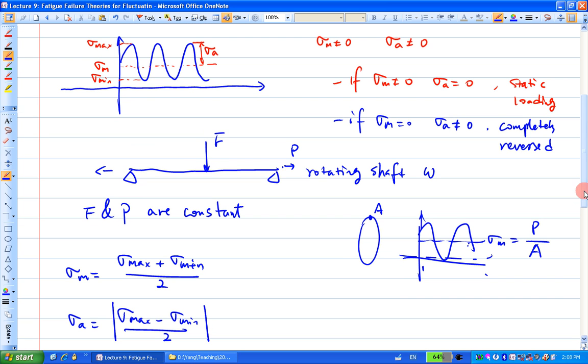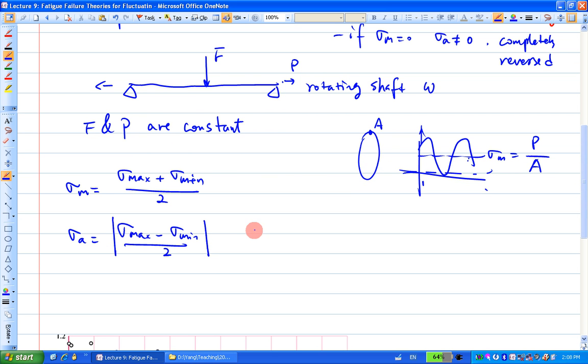If you look at this one here, it's the max minus the mean, right? It will be the value between the top and the bottom here, and then divided by 2, that gives us the amplitude, right?